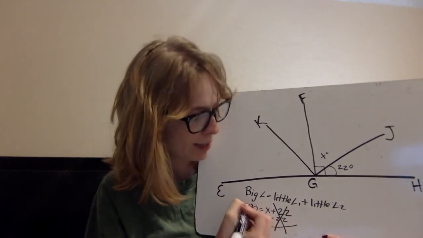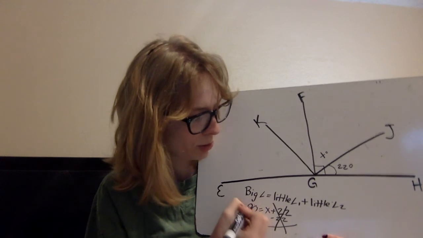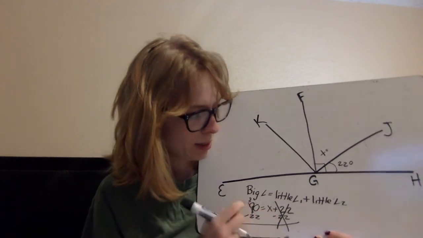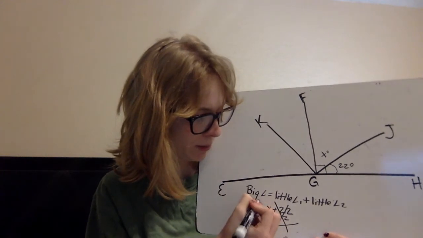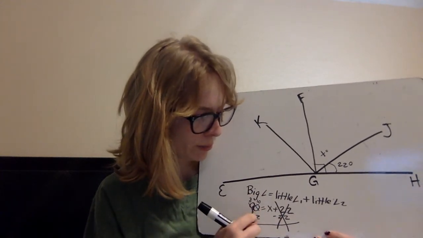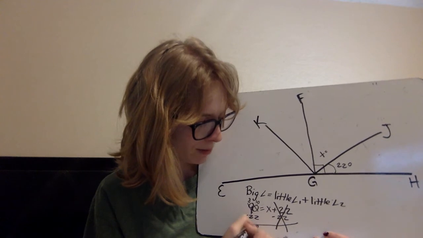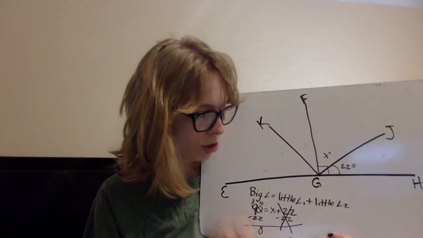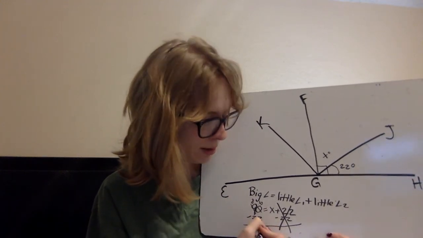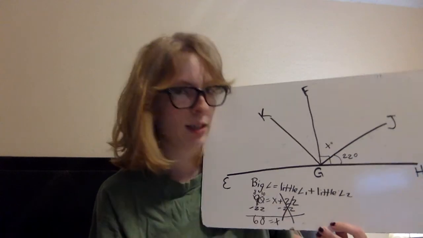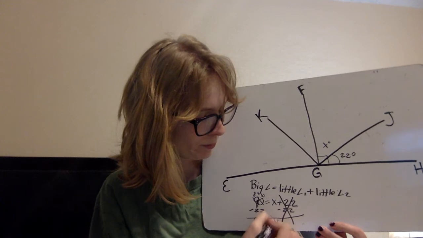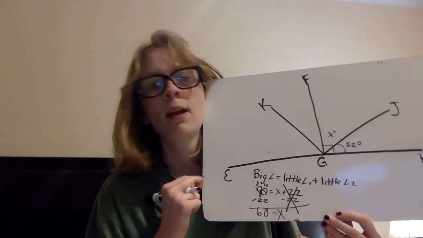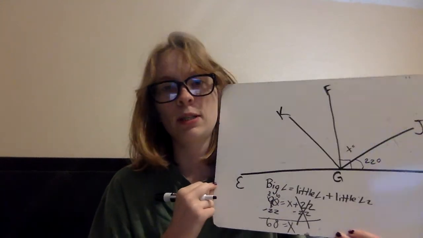So we can't take 2 from 0, so we're going to go ahead and borrow. 9 becomes an 8 tens. 0 becomes 10 ones. 10 ones minus 2 ones is 8. 8 tens minus 2 tens is 6. So 68 equals X. That looks like a T. That looks better. So that would be 68 degrees.